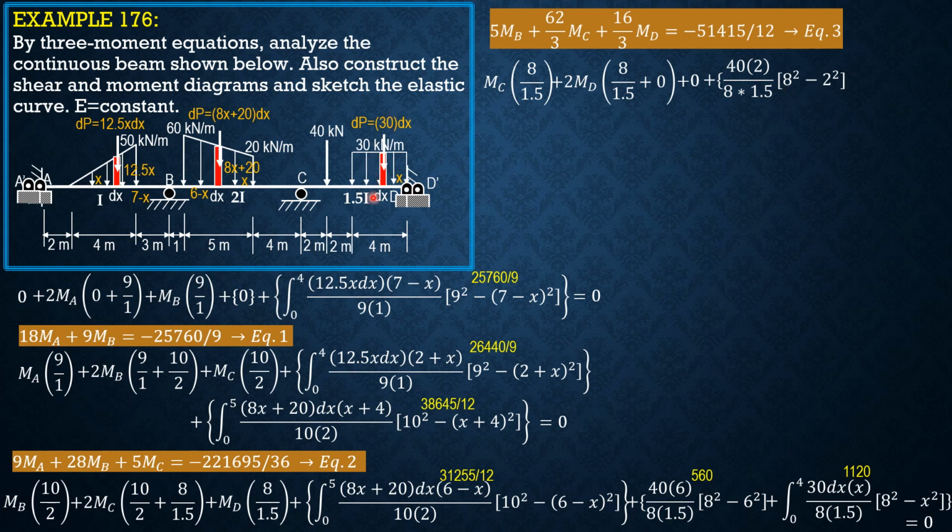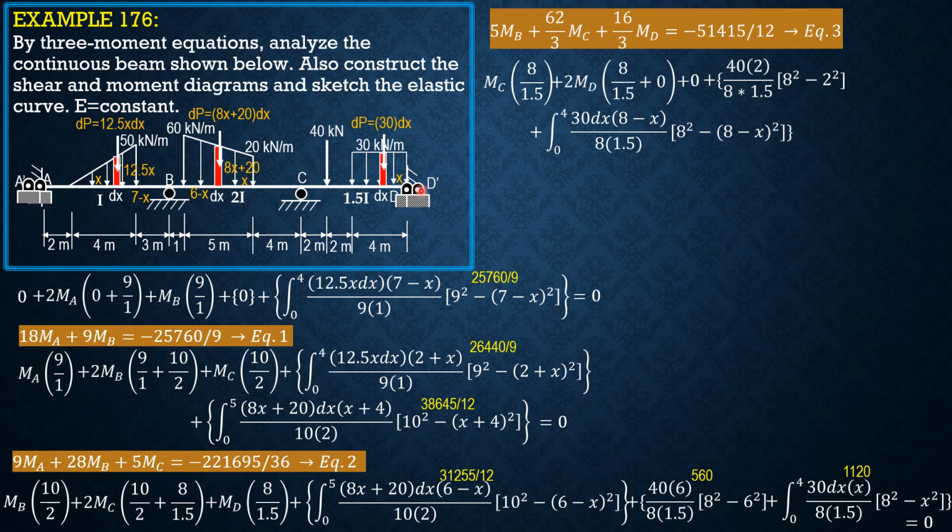And for this integral, B is 8 minus x, so integral of 30 dx quantity 8 minus x all over 8 times 1.5, quantity 8 squared minus quantity 8 minus x squared.